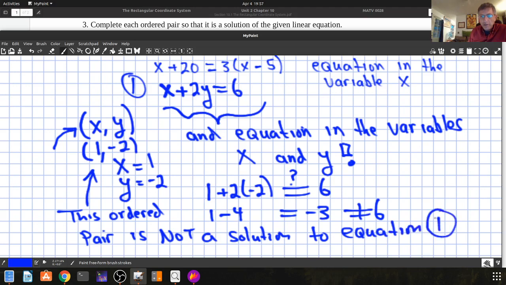So that's pretty much what we're doing. We're looking to discover ordered pair solutions.